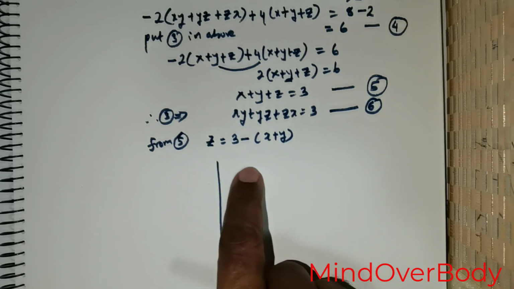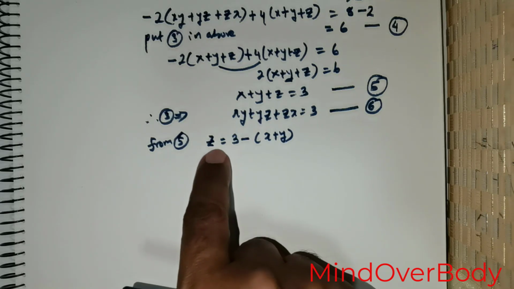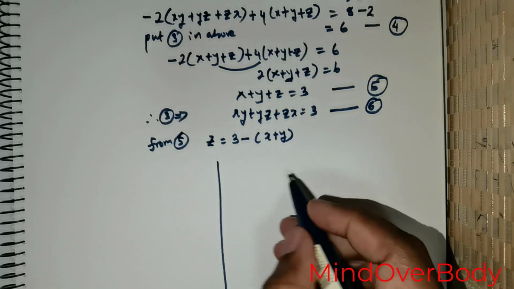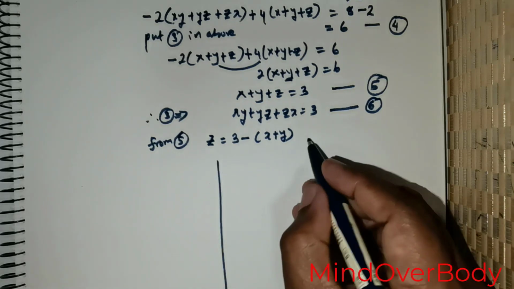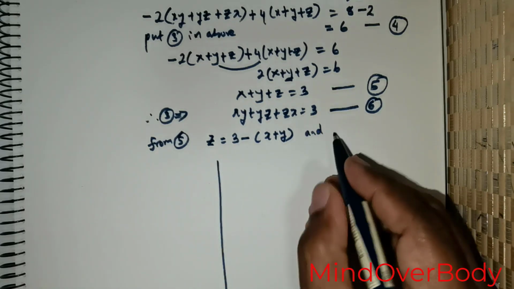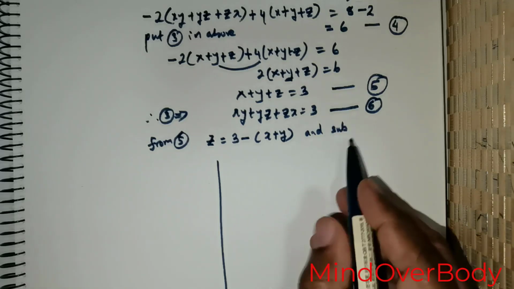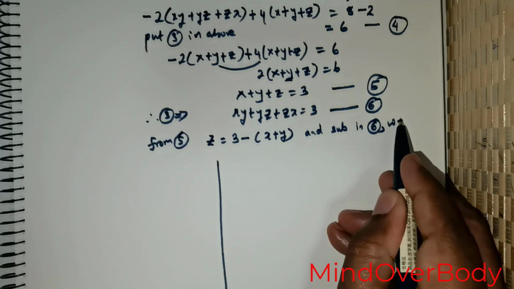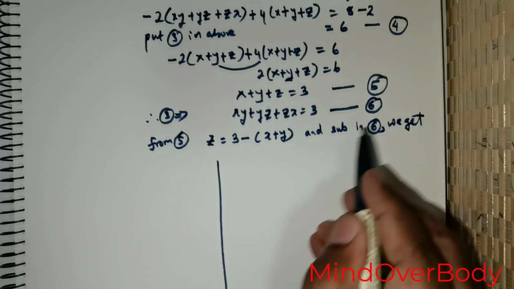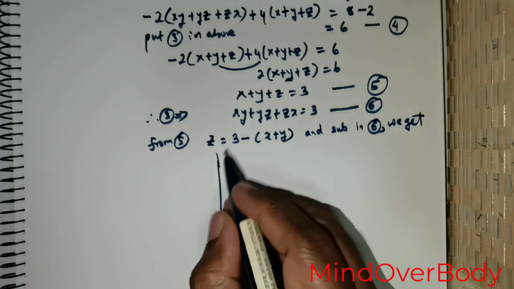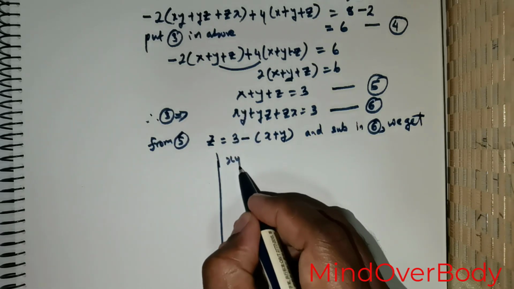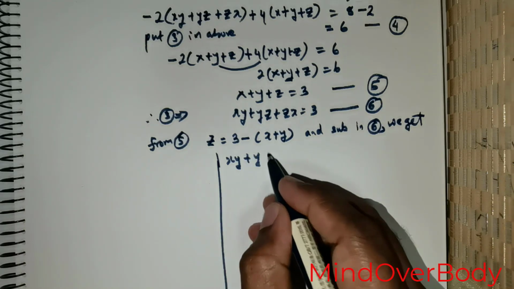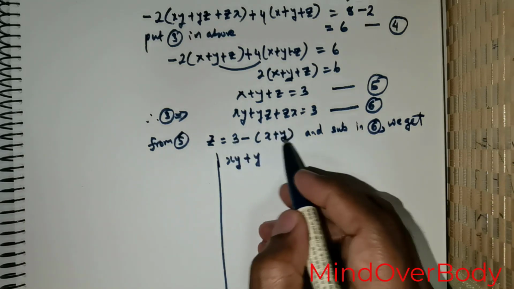So what I wish to do is I would be taking the value of z and I would be substituting in 6. So from 5 we get this, and substituting in 6 we get, so what do we get? I'm not going to touch x and y, they remain as it is, and then in place of z I would be substituting this quantity.